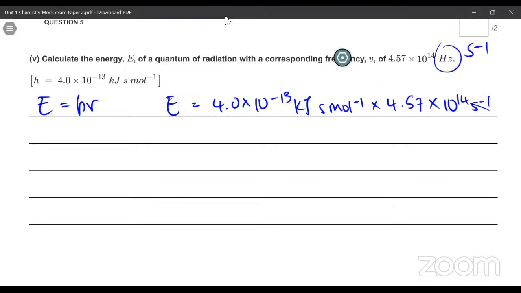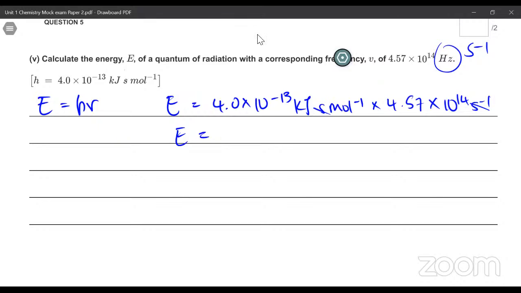So we're left with E being equal to, where's the calculator? 4.0 times 10 to the minus 13, times 4.57 times 10 to the 14, and that is 182.8 kilojoules per mole.